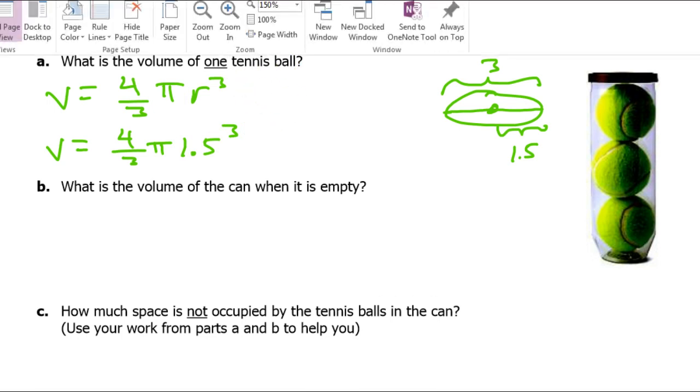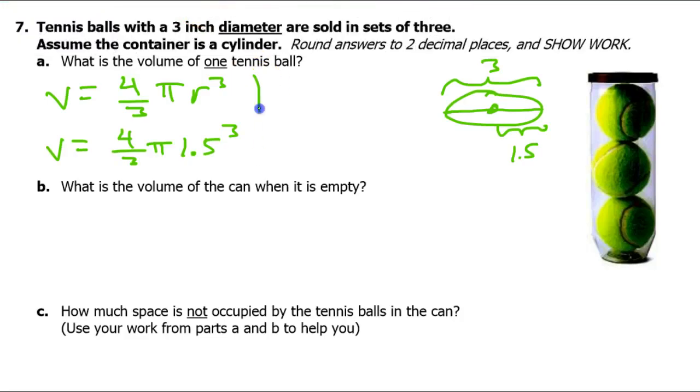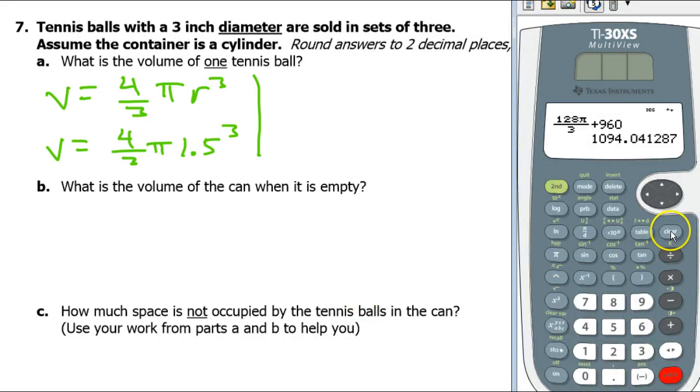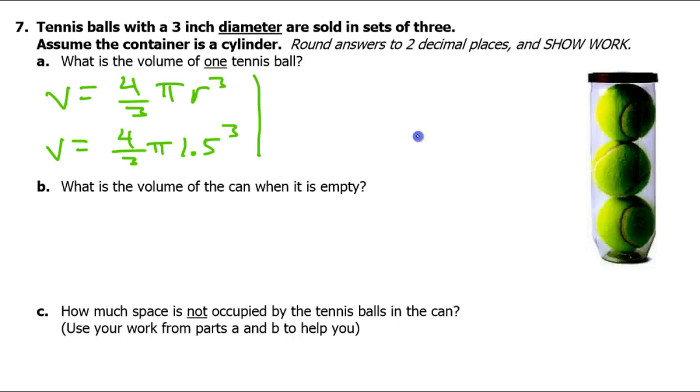So let's see what that is. Let me make space. To the calculator. We have 4/3 pi times 1.5 cubed. Boom. So that is 14.1372.